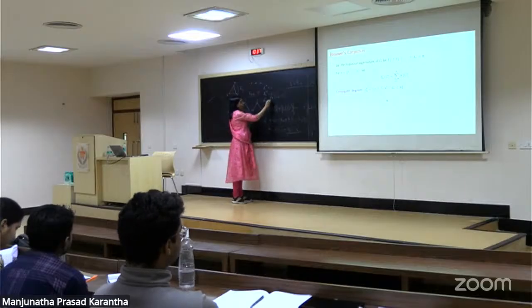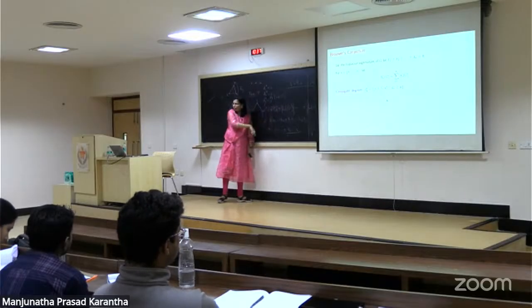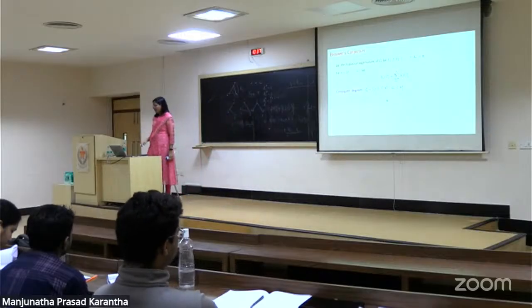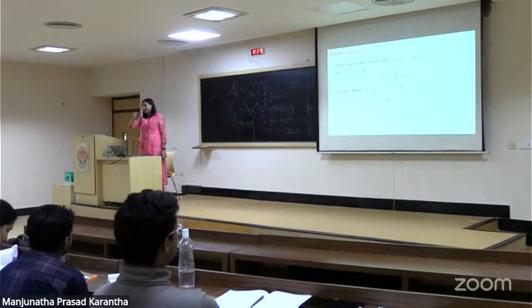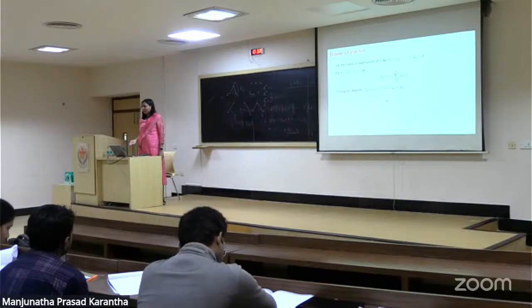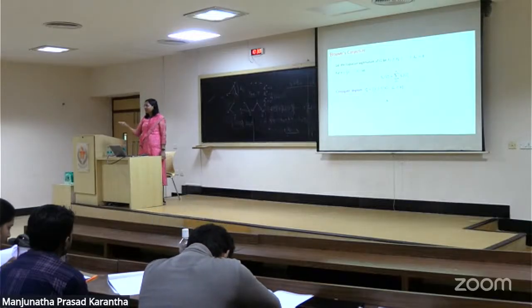I can continue with d4 star, but after a certain point it becomes 0. If I take all these conjugates, I can form this sequence. Up to a finite term it gives some integers and after that it becomes 0. So it is a finite sequence, but I can add some more zeros. That is known as the conjugate sequence.